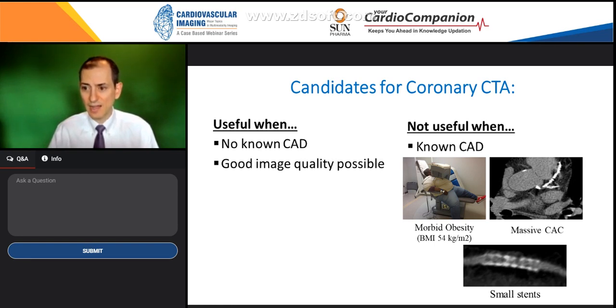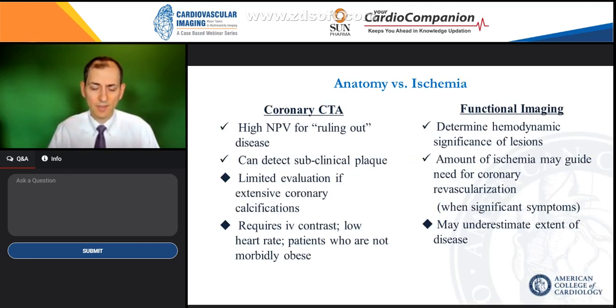Patients that have a massive amount of coronary calcifications are going to have CTAs that will be indeterminate, that we won't be able to see because the calcium obscures the lumen. Patients that have stents, especially if they're small stents or multiple stents, are also not going to be evaluable by CT. So on this slide, I'm just showing some advantages of coronary CTA versus functional testing.